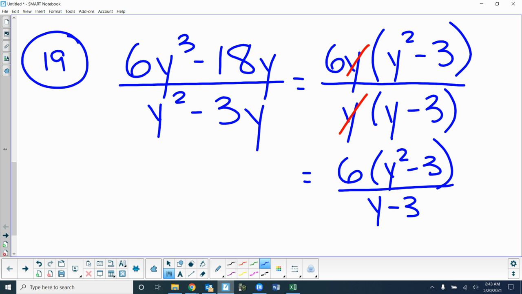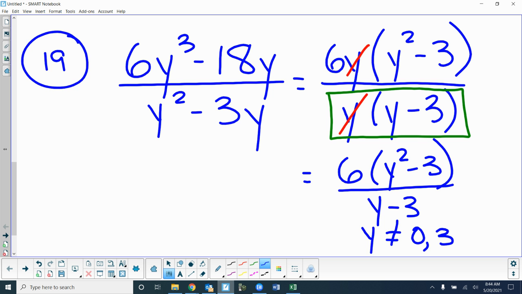So when we look for restrictions, we look at this part. What numbers, when I put in place of y, gives me an answer of 0? Right, 0 and 3. So we put it like this. Y cannot be 0 or 3. Okay?